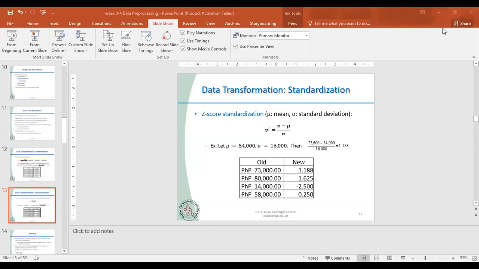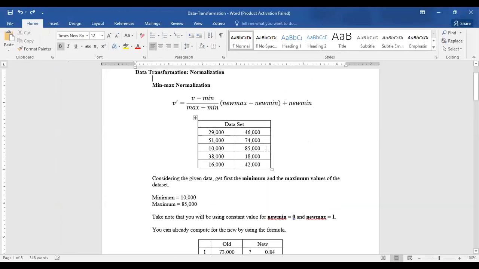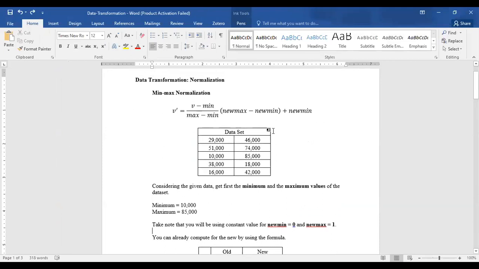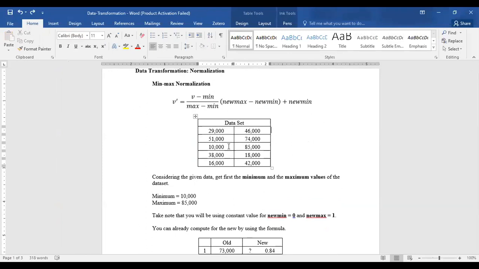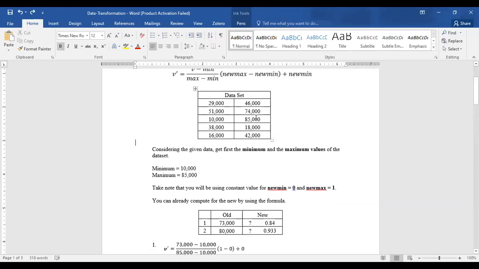We have data transformation. Considering the given data, this is our given data, class. The data set is 29,000, 51,000, 10,000, 38,000, 16,000, 46,000, 74,000, 85,000, 18,000, and 42,000.